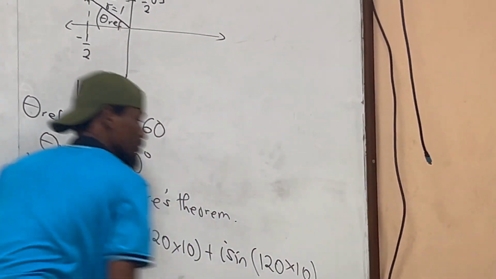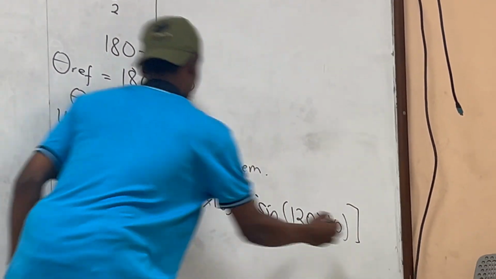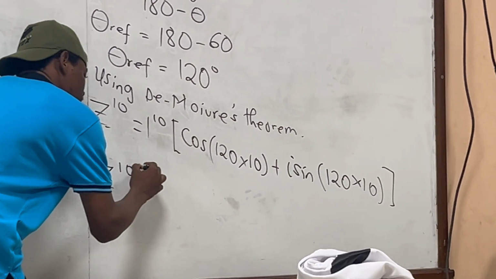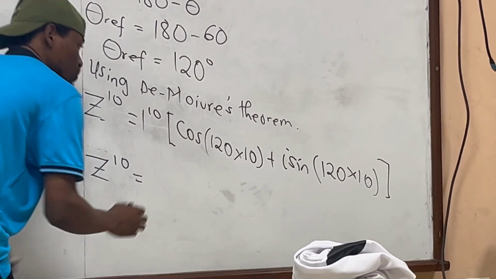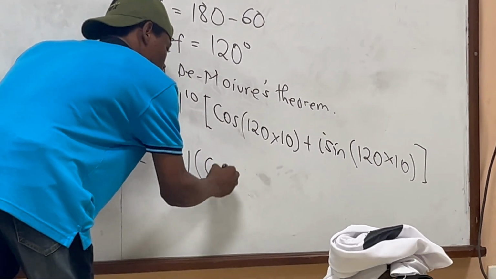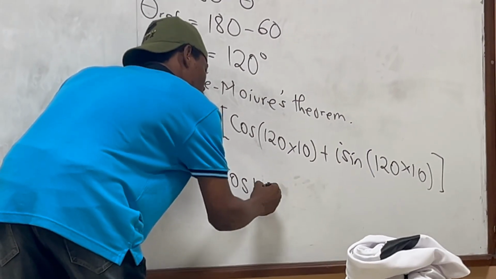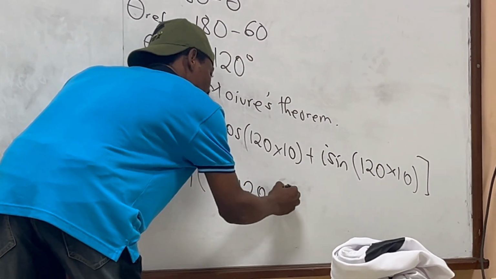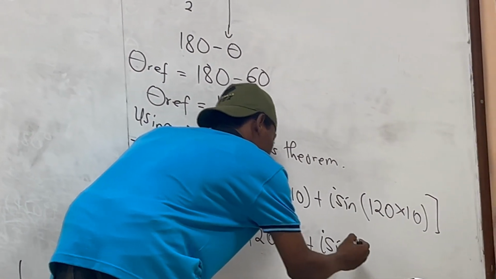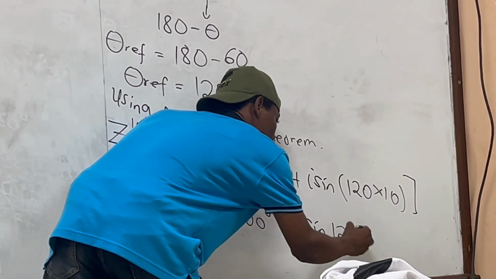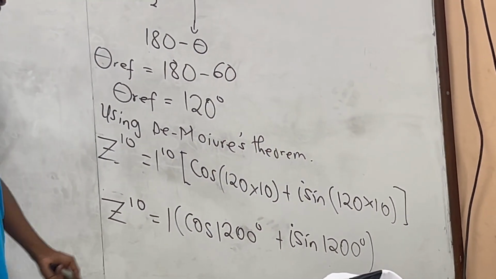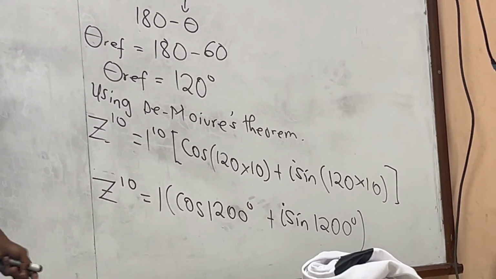So z to the power 10 is equal to 1, then cos 1200 degrees plus i sine 1200 degrees. Viewers, this is the end of the question.